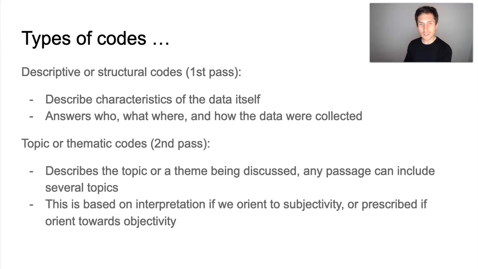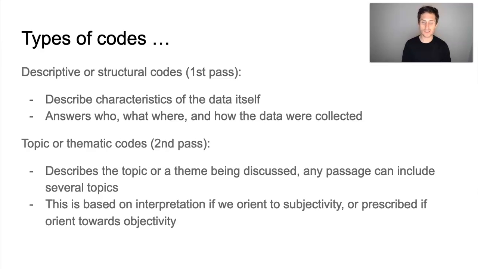What did we ask the participant, and how did their explanation or response match a couple of other participants' explanations and responses? In the second pass, we're really moving up a level towards that generalization.